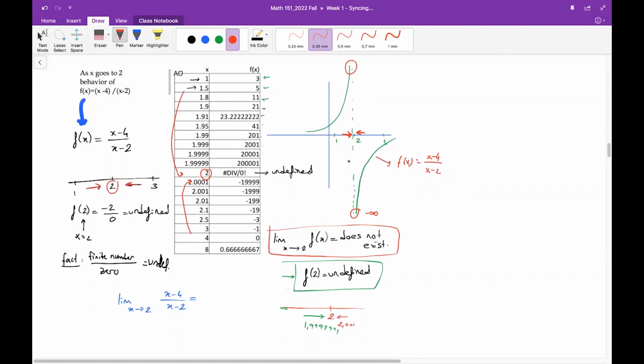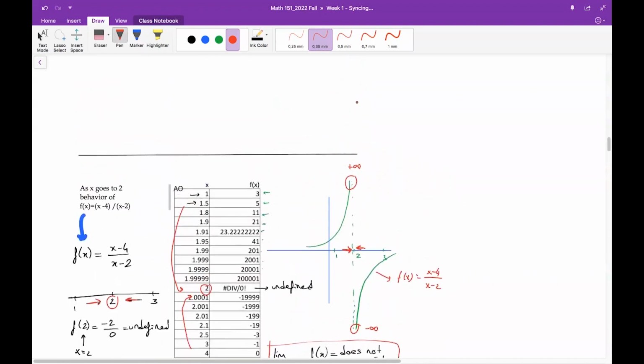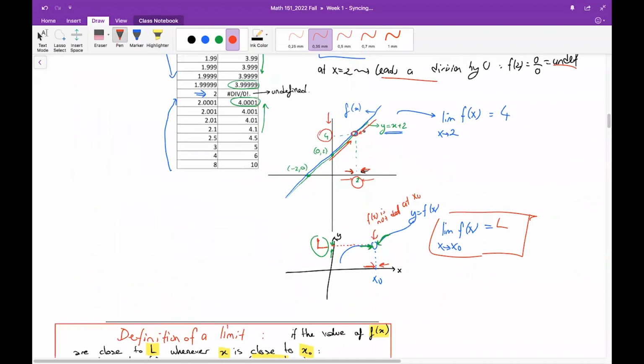And what can we say about the limit of this function? So there is no particular unique number here towards which the values are approaching. Remember the previous example here. There was a particular unique value from both directions, a unique value towards which your function approaches.